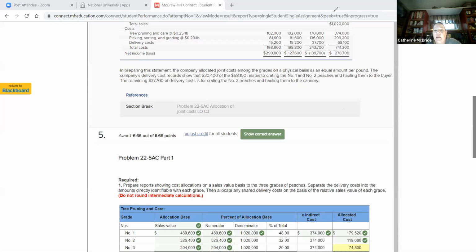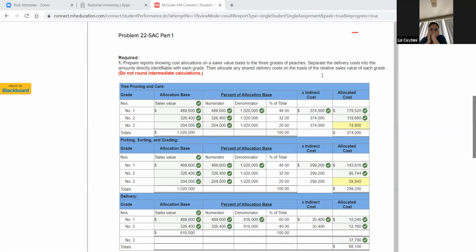The 374,000 is the total. For the picking and sorting, we're going to use the 299,200. So here's the 374,000 and the 299,200, and we're just allocating them based on these percentages.